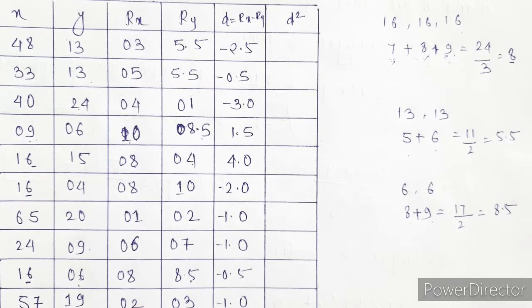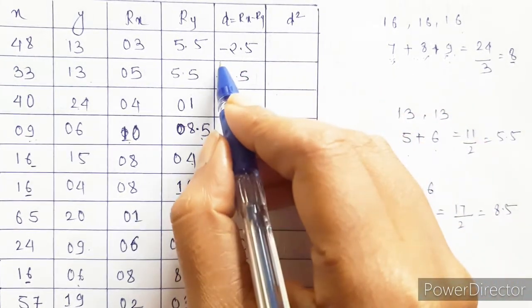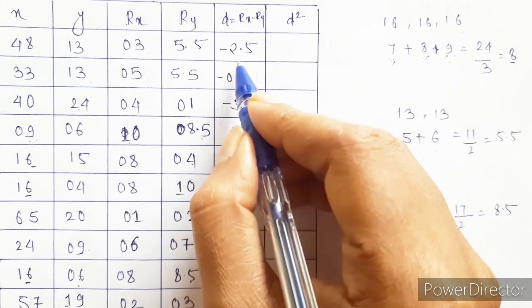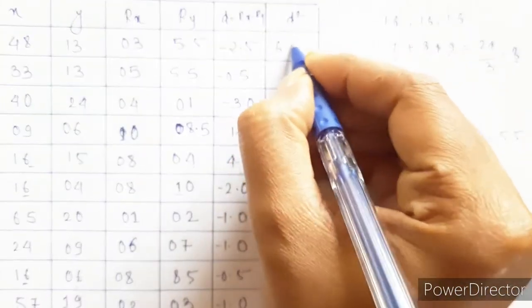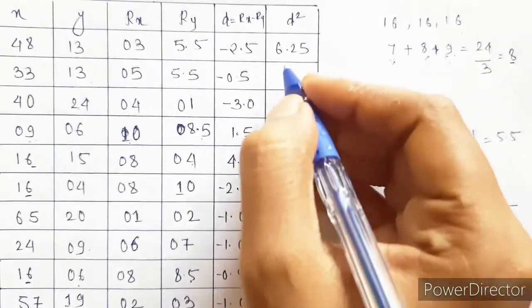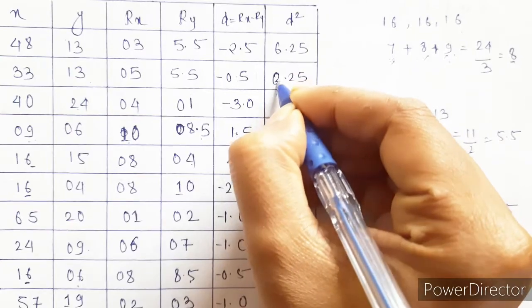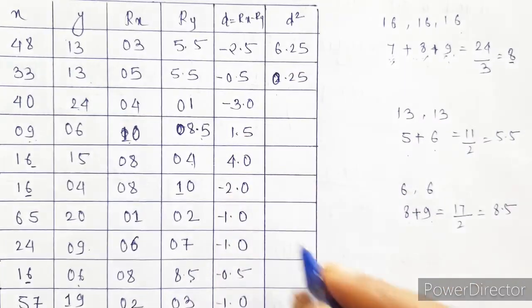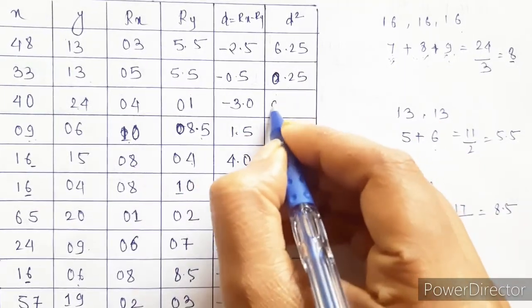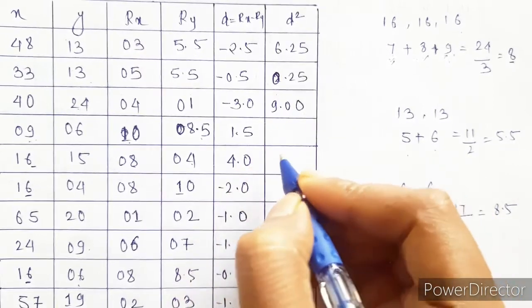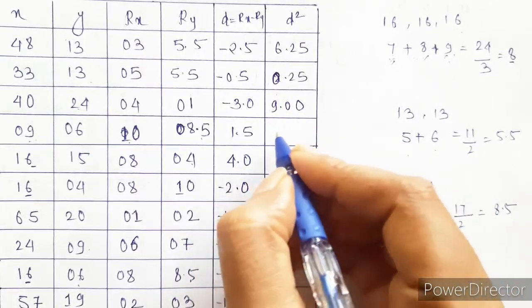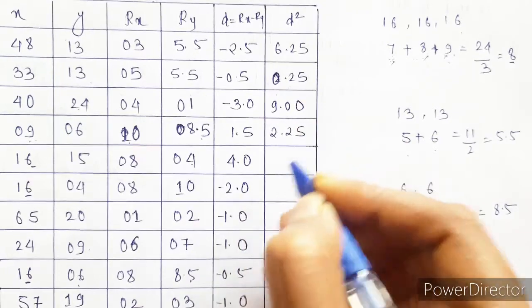Now squares of these, D square, that is minus 2.5 square is going to be 6.25. This is going to be 0.25. Then square of 3, 9. Square of 1.5 is going to be 2.25.